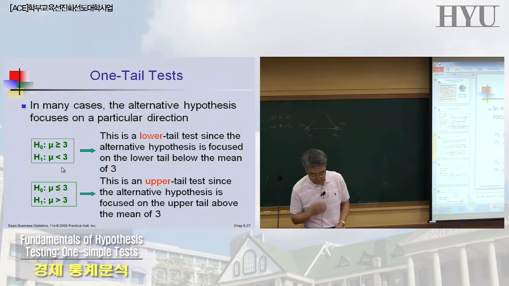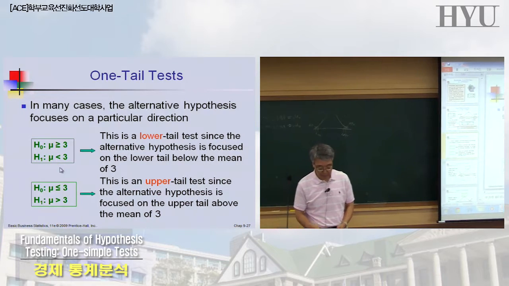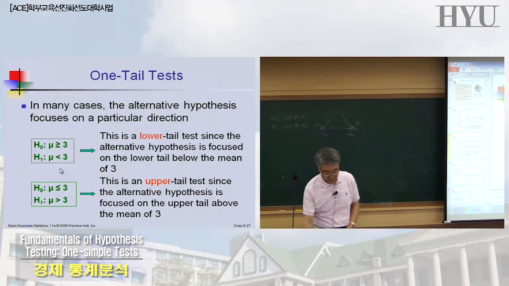And then you want to set up the alternative hypothesis, which claims population mean is less than 3, right? So in this case, the question is, do we have sufficient evidence to reject this null hypothesis, right? If you do, that means you can accept the alternative hypothesis.